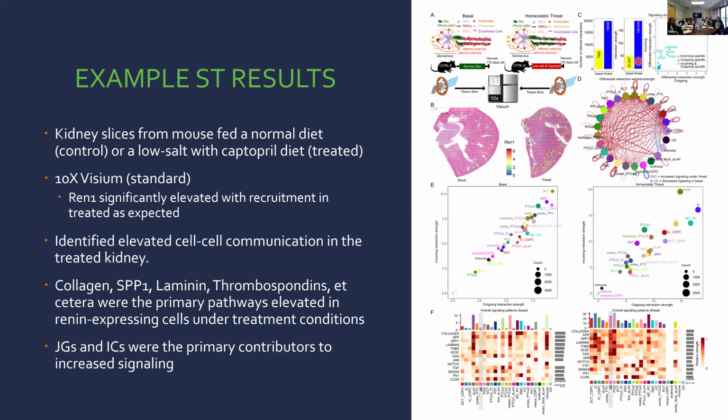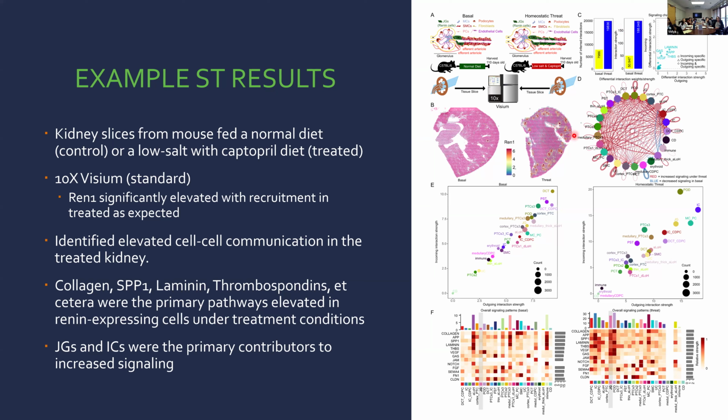And so we can do analysis of the interactions between cells, the communication they're doing. The first takeaway is that yellow is the normal diet, and the blue bars here are when you've induced homeostatic threat. There are a whole lot more interactions, and those interactions are stronger.